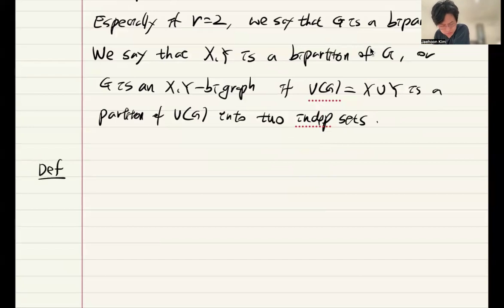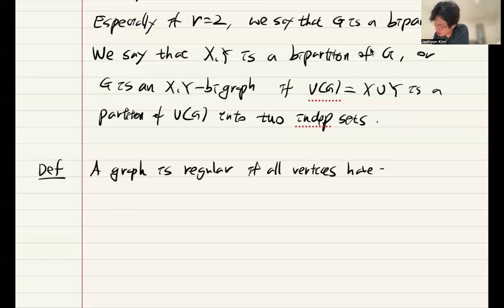And another definition, another useful concept is a graph being regular. We say that the graph is regular if all vertices have the same degree.